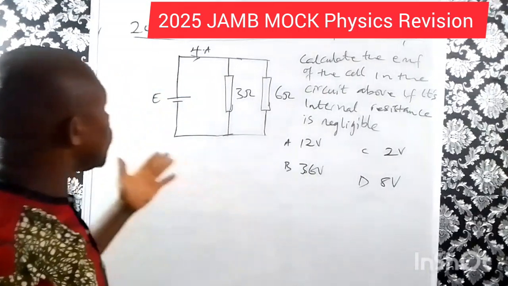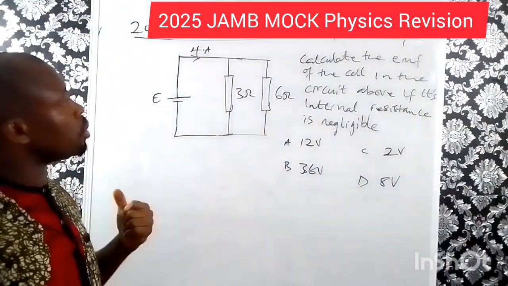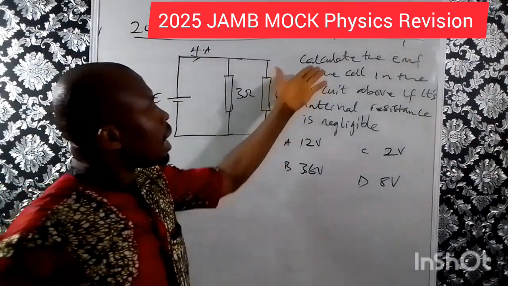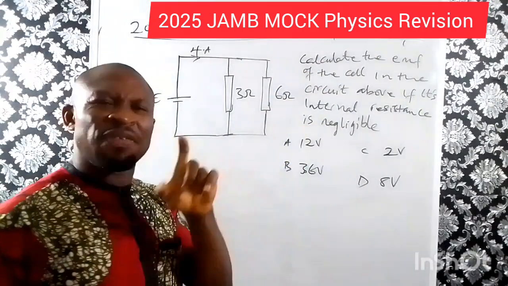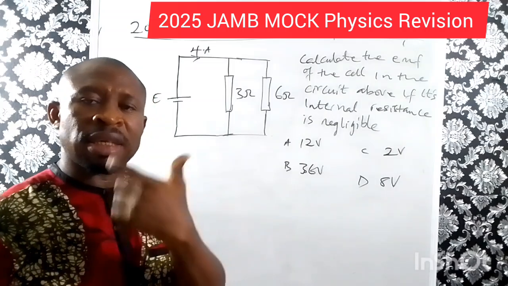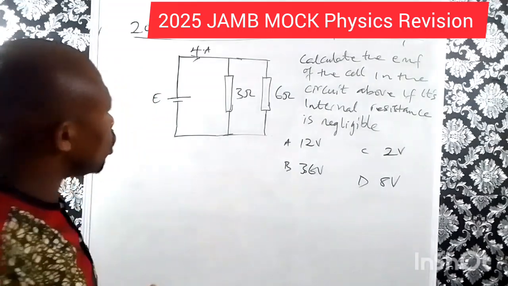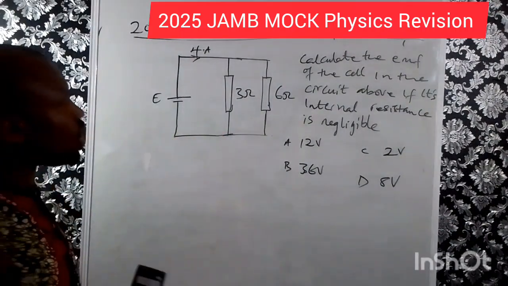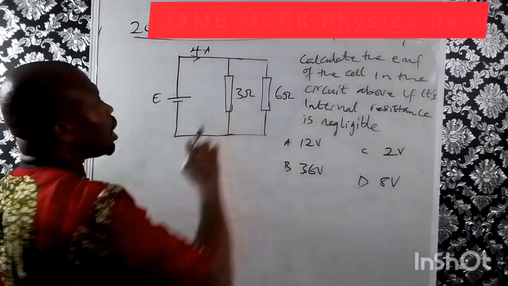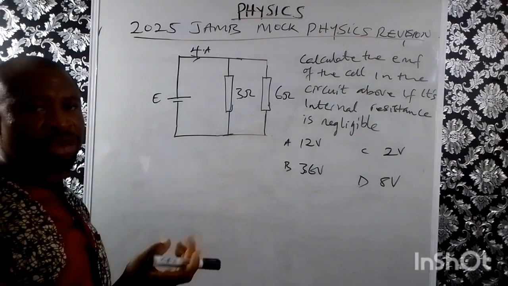Now we have this question on the board, and the question says, calculate the EMF of the cell in the circuit above if its internal resistance is negligible. Now, what we have here, if you look, is a parallel circuit.